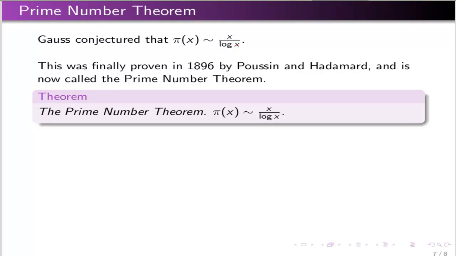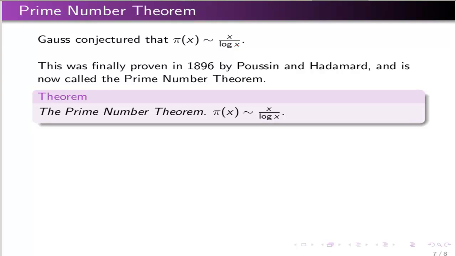And it took the remainder of the 19th century for people to be able to prove this. The big advance in being able to prove it was work of Riemann, where he introduced the Riemann zeta function. And he turned the question of studying the distribution of primes into an analytic problem, a problem in complex analysis.